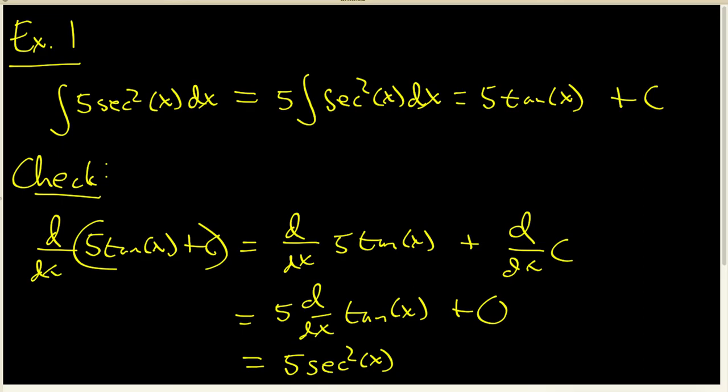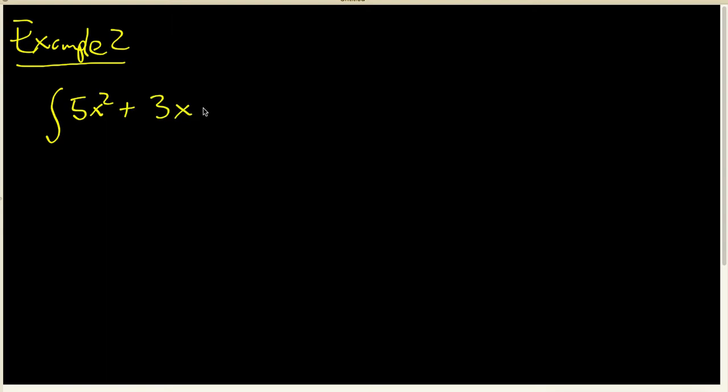Well, let's look at another basic example. This one we're going to combine the constant multiple rule with the sum and difference rules. So let's try and find the antiderivative for 5x squared plus 3x minus 9.